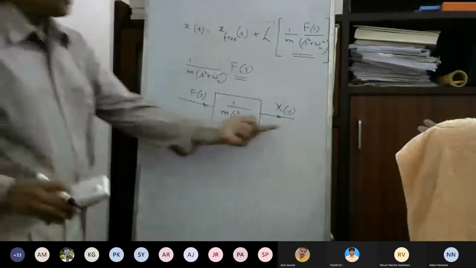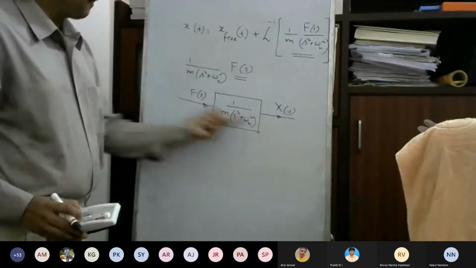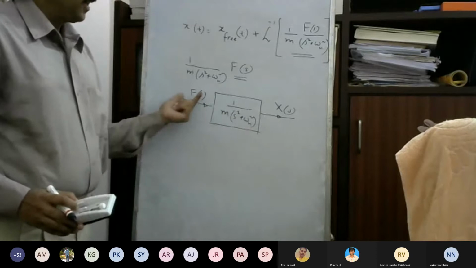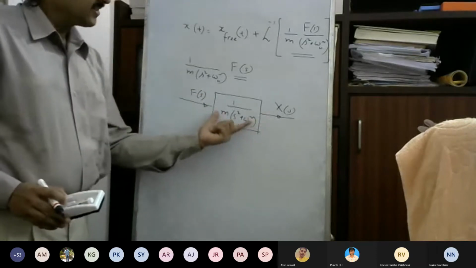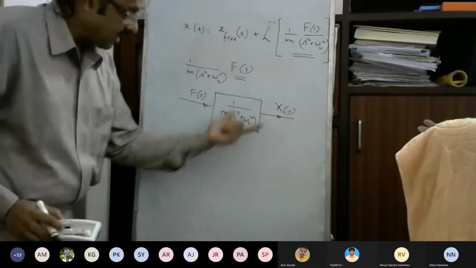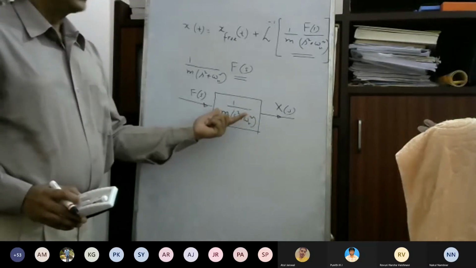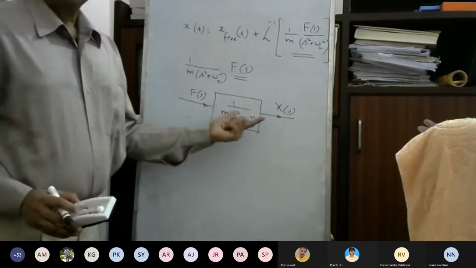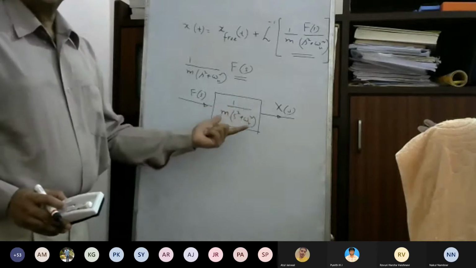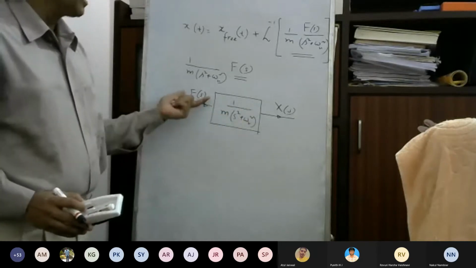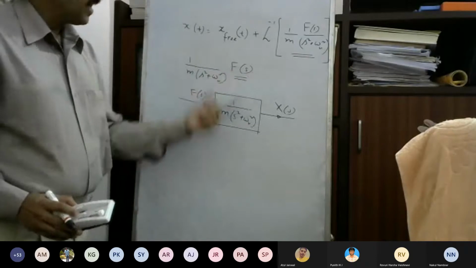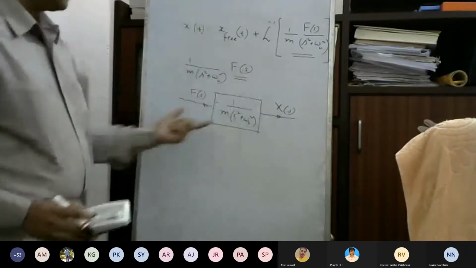So this is the response, which is due to the force. The input is given as a force, and this part becomes the response, and this term inside the box denotes the contribution of the system, how the system is behaving. So this depends upon the system, the input depends upon the external force, and the output is the result.